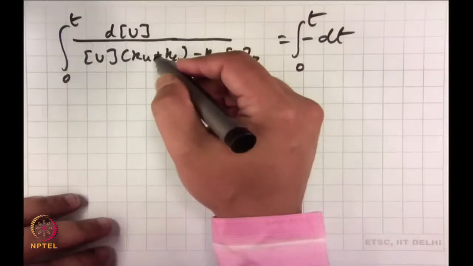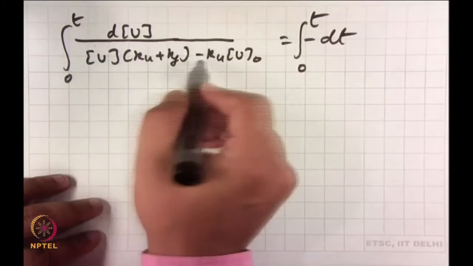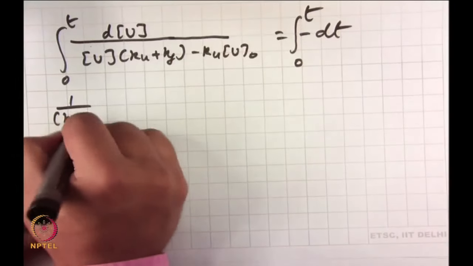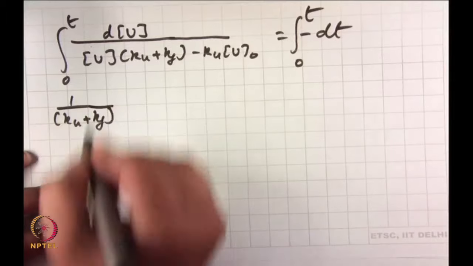Now, on the left hand side, what are you going to have? See, this is just 1 by k u plus k f. Okay.